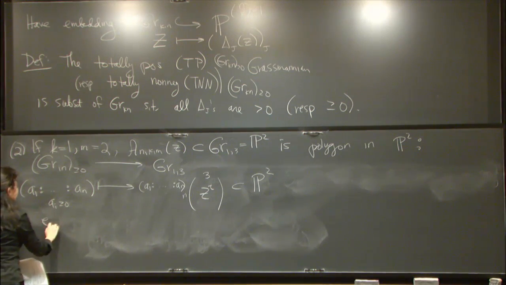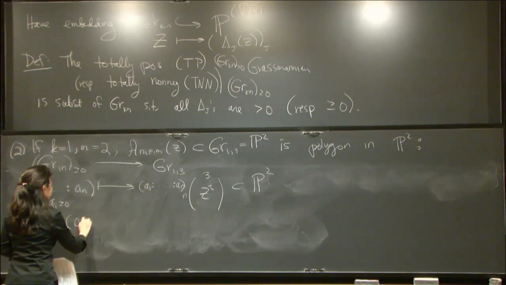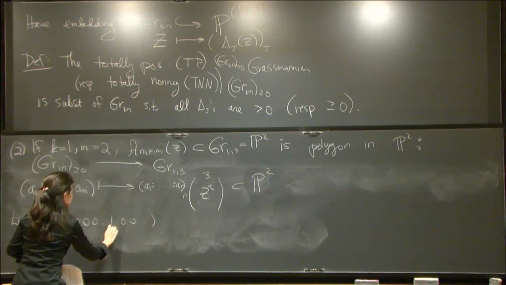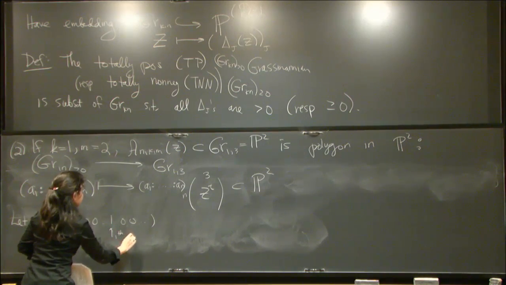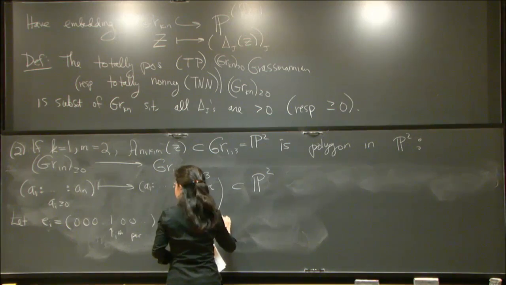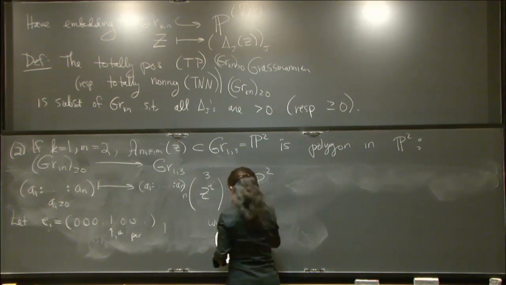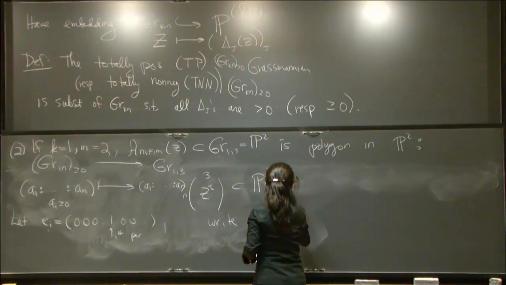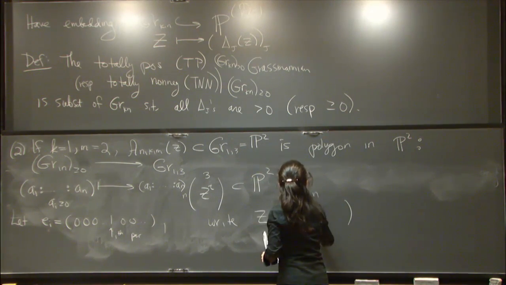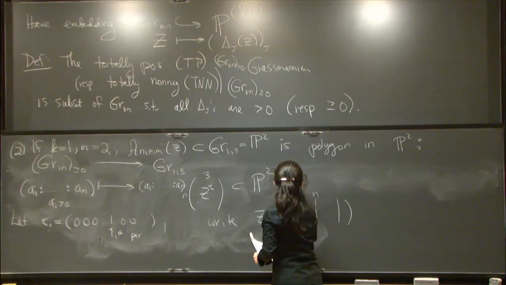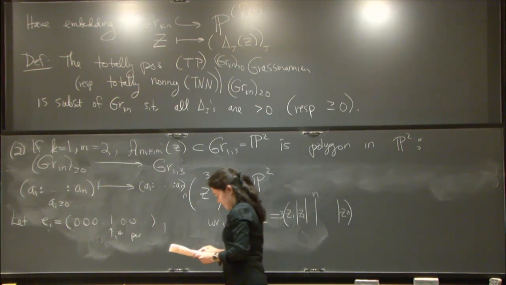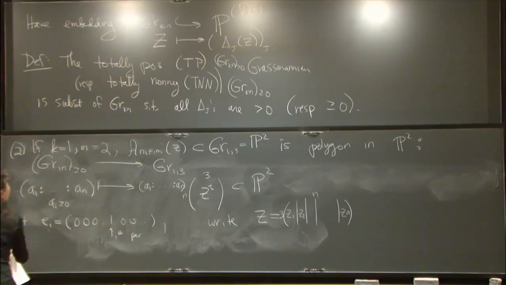So let's write e_i, the unit vector with a 1 in the ith position. And let's also write Z. So Z is this 3 by n matrix, and let me label the columns z_1, z_2 to z_n.